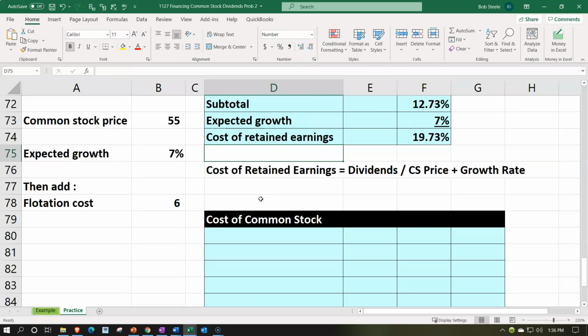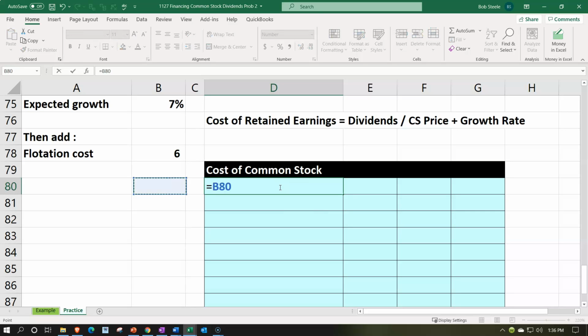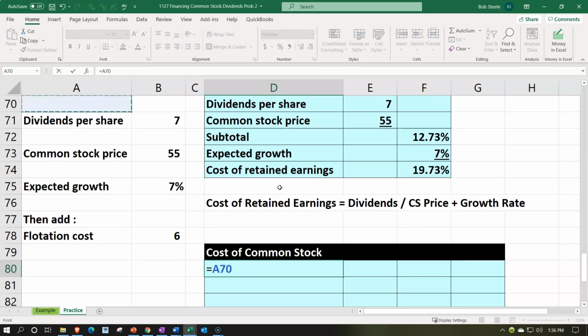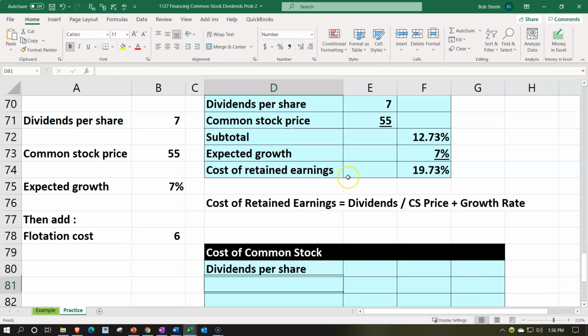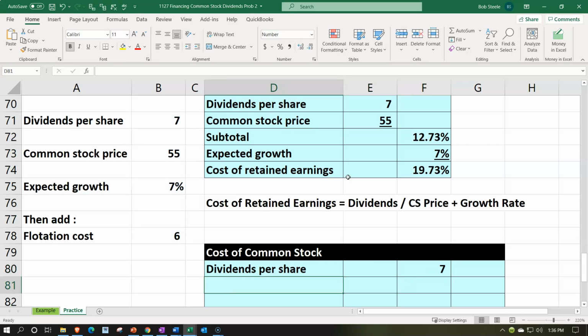Now let's tack on the flotation costs. Same thing, but with flotation added, the one-time cost of us issuing these stocks. So we'll add that bit of complexity. We still have the dividends that we're going to be paying on an annual basis, looking at 7%. Then we're going to take the net price. This is the new thing that's happening.